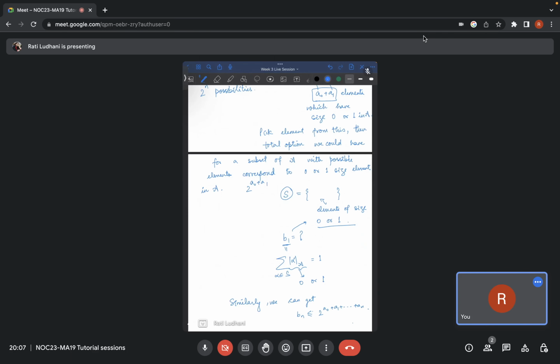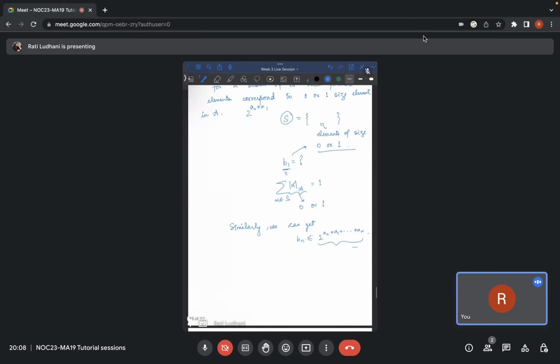Okay, so this is the biggest bound you could have. This is not a strict bound and it cannot always be attained. So this is a rough bound. Okay, let's move to the next question then.